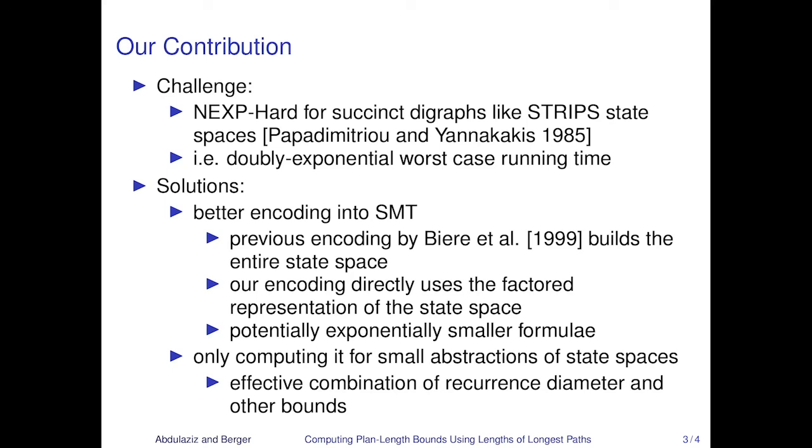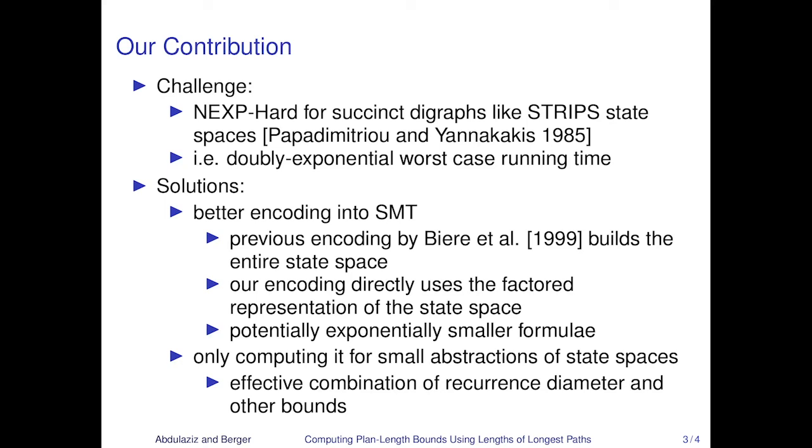The first one is we devise an encoding into SMT formulae, and we basically encode the question of whether a certain number is the recurrence diameter of a planning problem into a small SMT formula. Just to be quick here, the first previous encoding for recurrence diameter was invented by Armin Biere in 1999 when he invented bounded model checking, and since then it didn't really improve much.